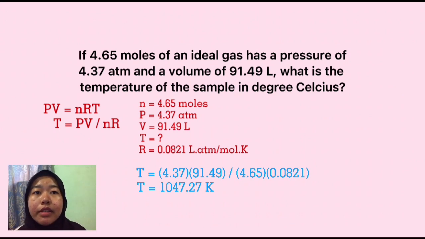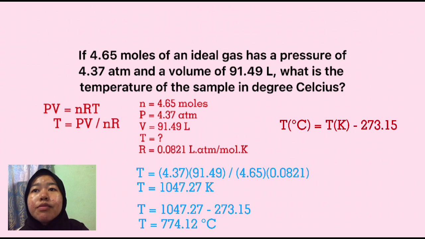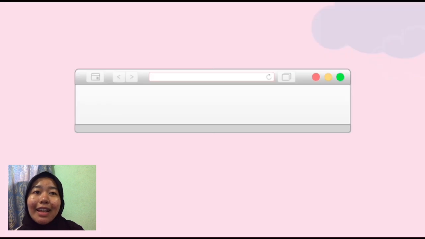But the question asks to give the answer in degrees Celsius, so we need to use the temperature conversion scale to convert from Kelvin to degrees Celsius. 1047.27 minus 273.15, and we will get the final answer, which is 774.12 degrees Celsius. That's all from me.